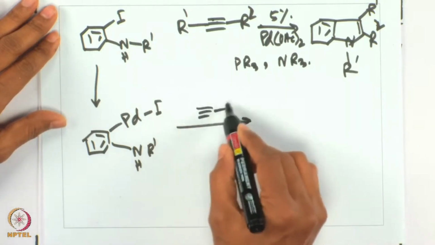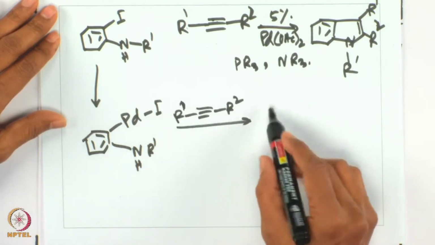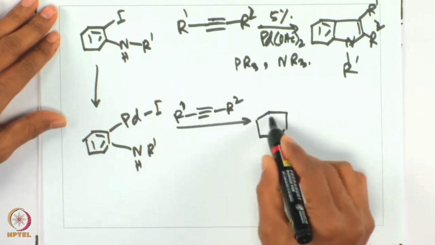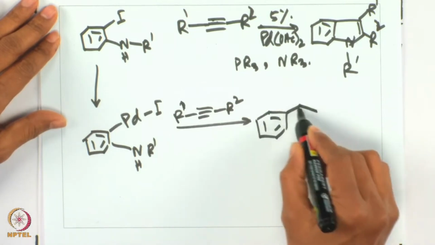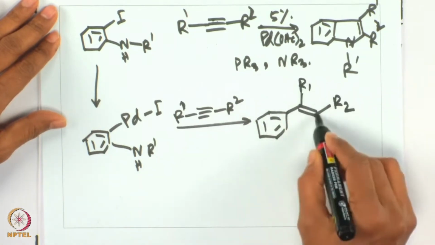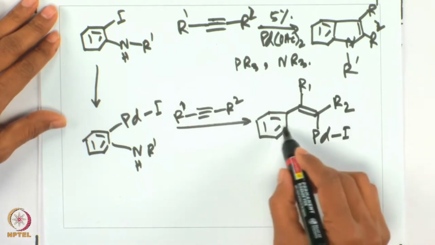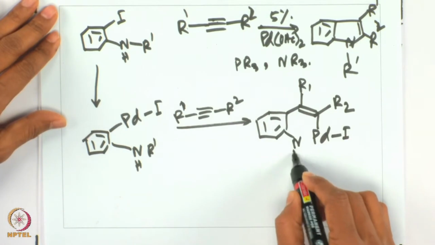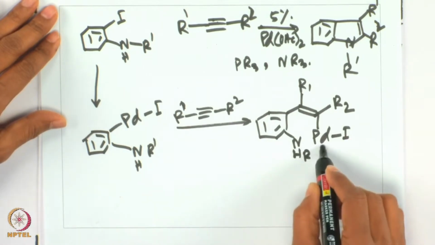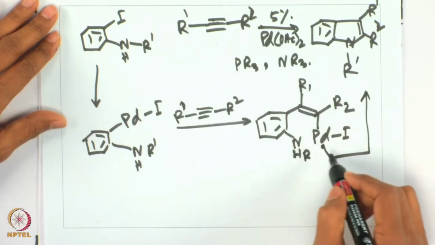Of course, the alkyne will coordinate and then will insert. So, beta migratory insertion will give rise to this intermediate where R1 and R2 are placed in a position before the final bond formation step. So, here we do have the beta hydride elimination from here on to give you the final product.